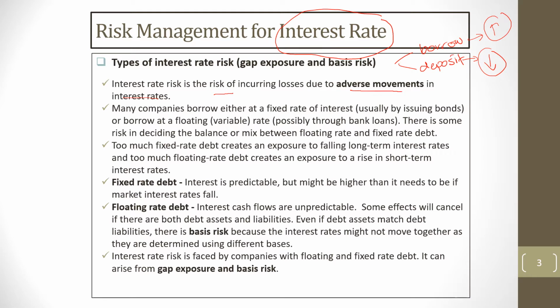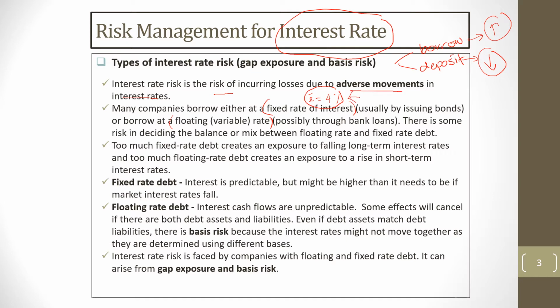Okay, so many companies borrow either fixed rate of interest or borrow at floating rate. Apa fixed rate? Fixed rate ni maksud dia interest rate dia tu, contoh interest rate dia 4%. So daripada awal sampai habis adalah 4%. Tapi dia akan bagi disadvantage, maksud dia ada keburukan dia.